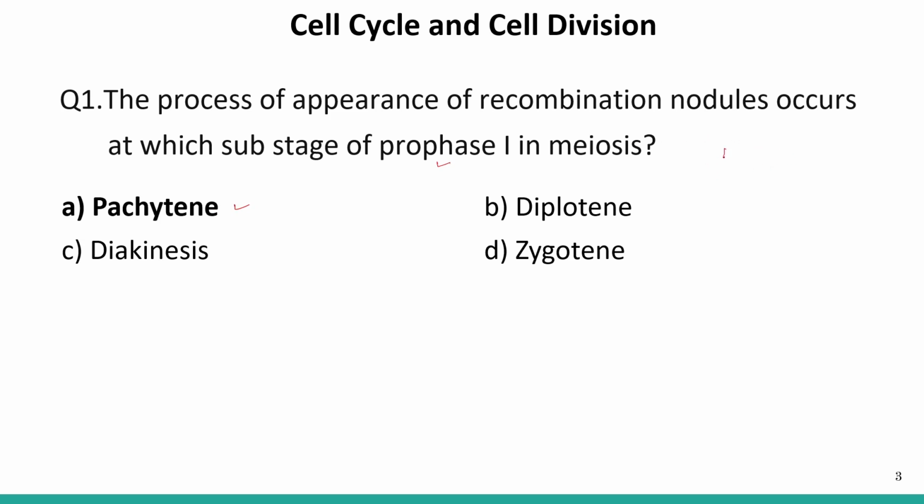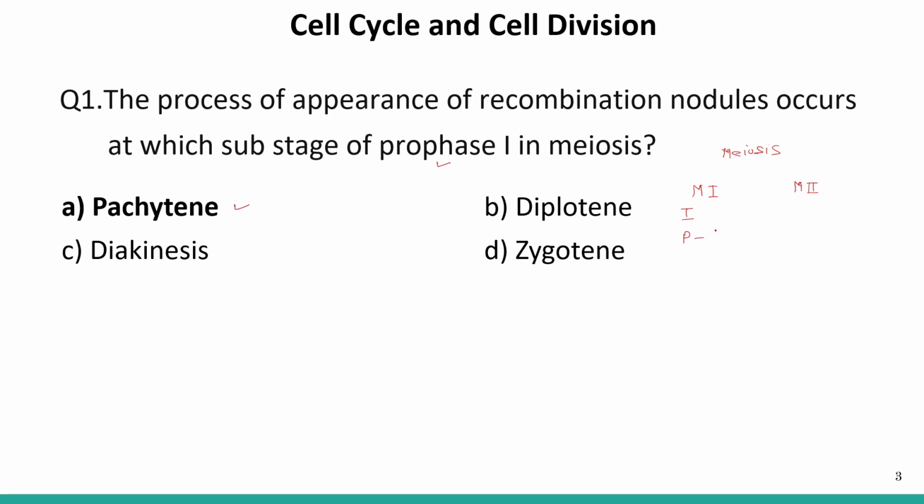Meiosis is divided into two phases, meiosis 1 and meiosis 2. Here we have the interphase and then the prophase.